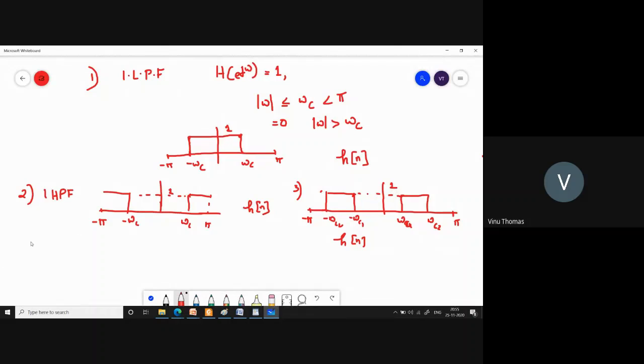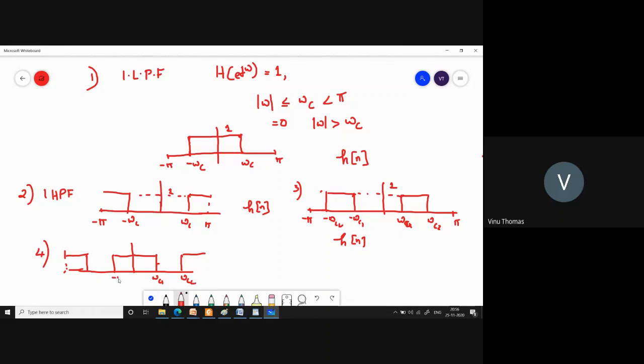Finally, look at the ideal band stop filter. An ideal band stop filter is something like this. You have an ideal band stop filter that should stop the frequencies in the band from omega c1 to omega c2.